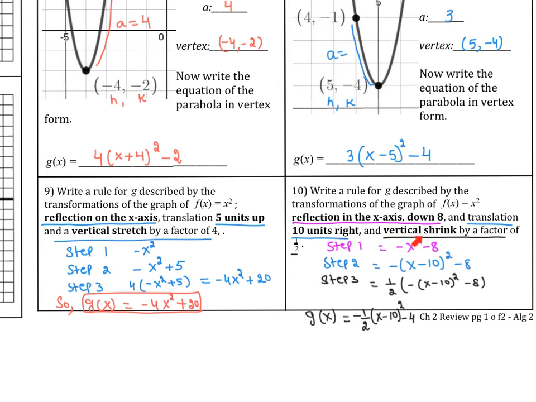Now you're going to shrink the function by a factor of 1/2, so you multiply the entire function by 1/2. Anytime you have a shrink or stretch at the last, then you multiply the entire function by that number. So distribute that inside, you're going to get -1/2 (x minus 10) squared. 1/2 times 8 would be 4.